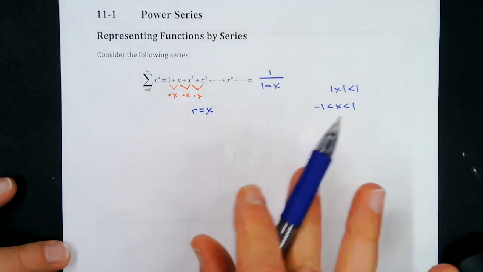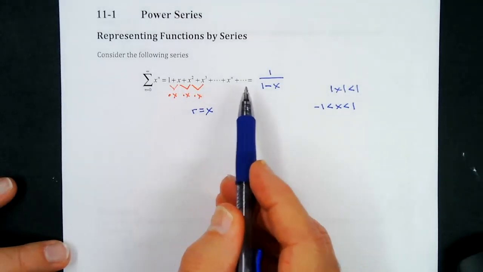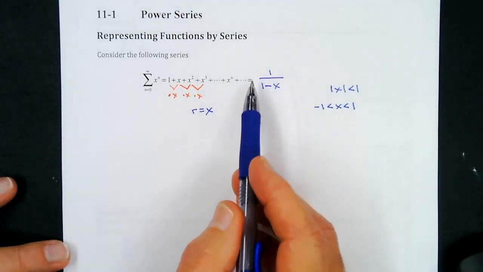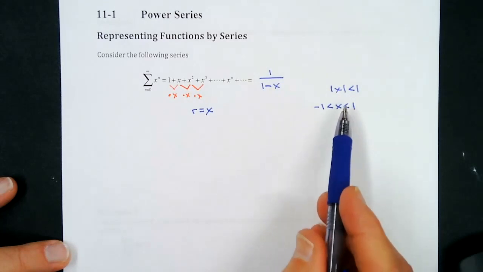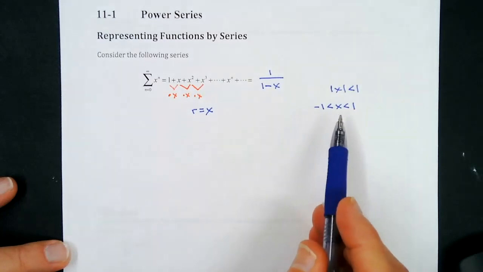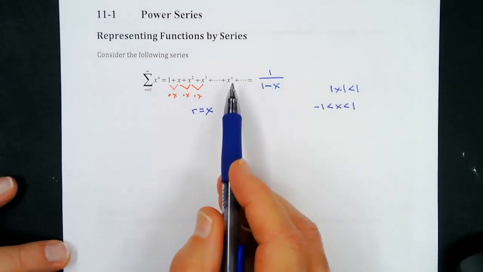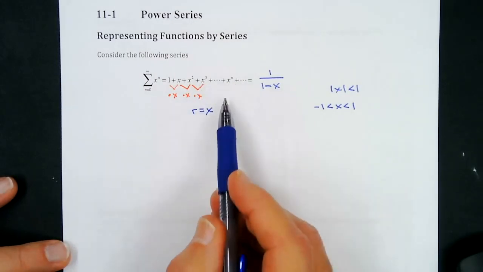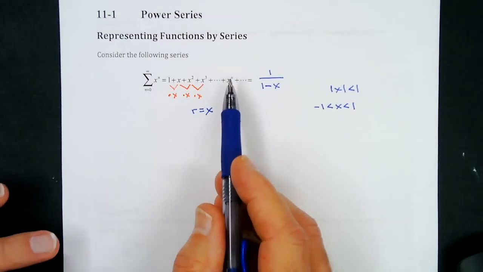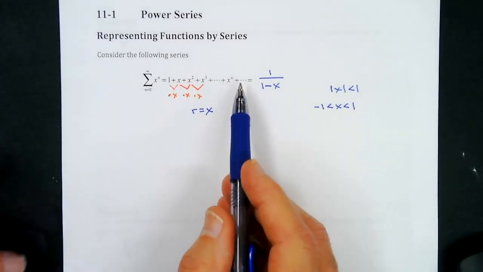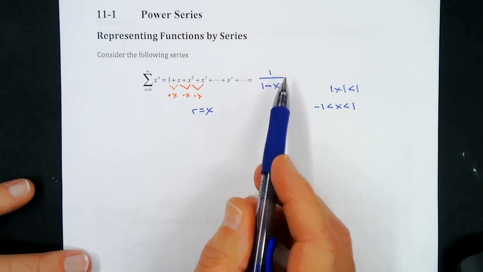So this series is identical to this function for all x values between -1 and 1. If we stop the series at some point, they're not the same. It's the fact that it goes on forever that makes this series equal to the function.